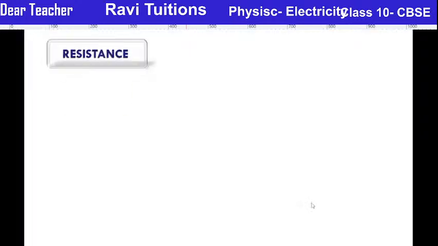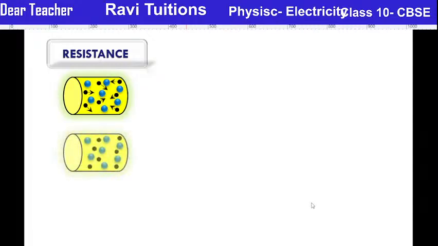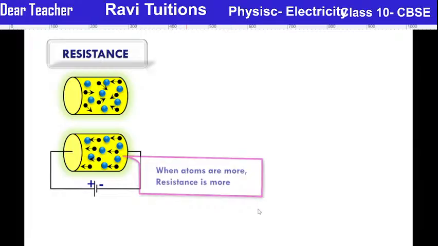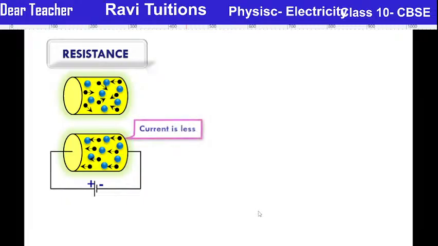Let us understand what resistance is. Resistance is nothing but a conductor inserted in the circuit. When atoms are more, resistance is more and current is less.